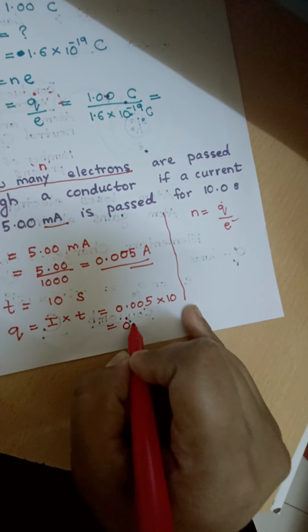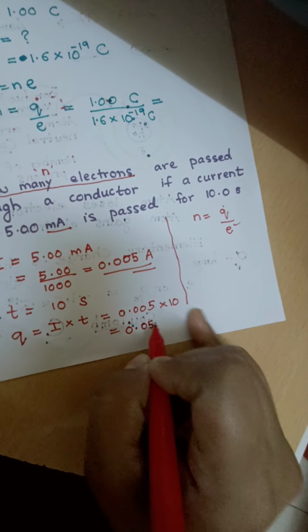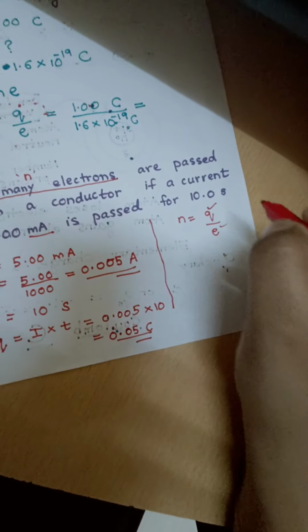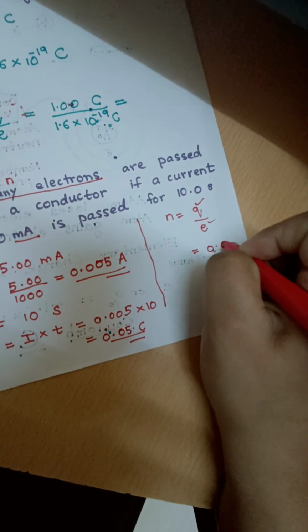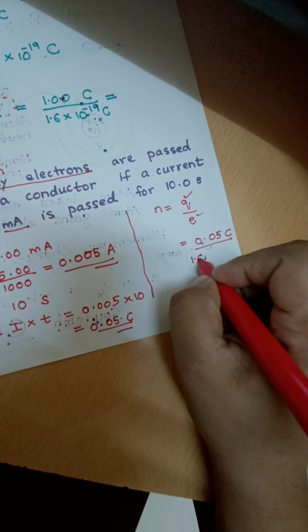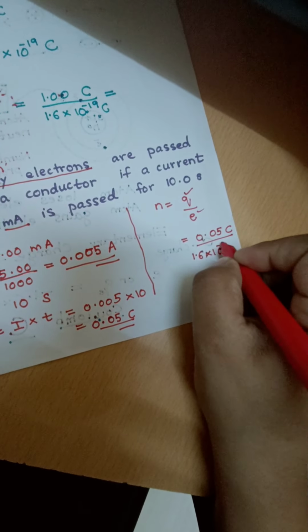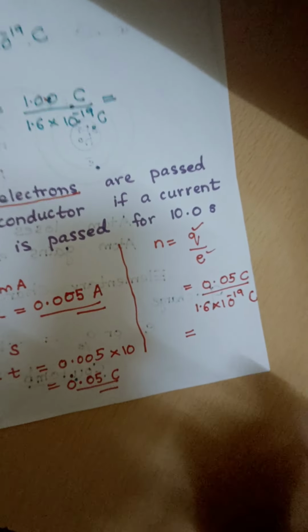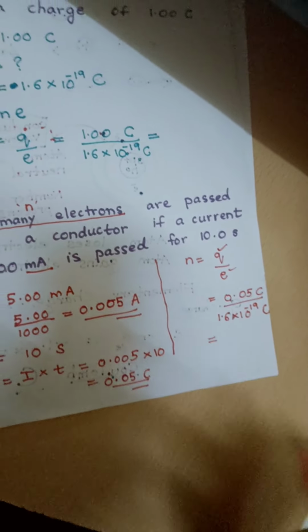So you will get the charge as 0.05 coulomb. So now we have Q equals 0.05 coulomb over the charge of electron, 1.6 times 10 to the power minus 19 coulomb. So on doing this in calculator, you will get the answer for the number of electrons.